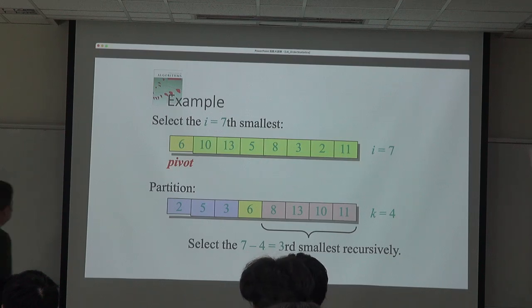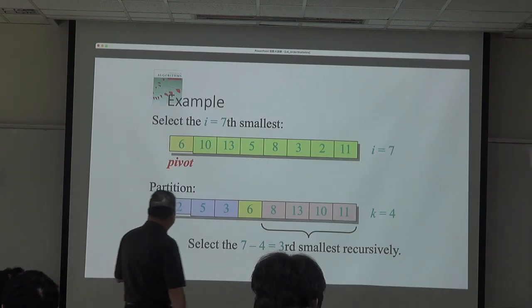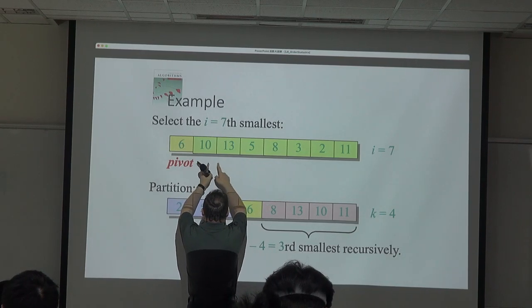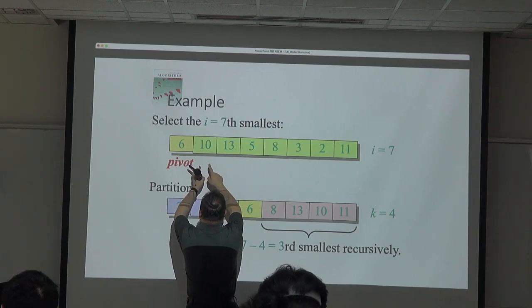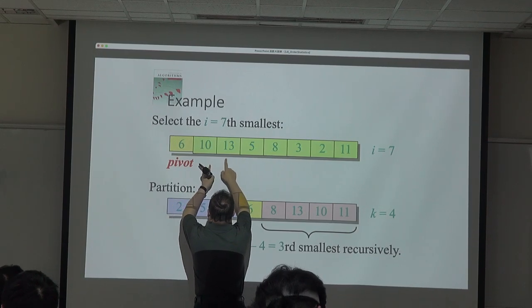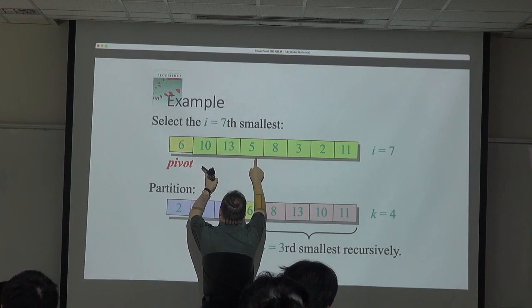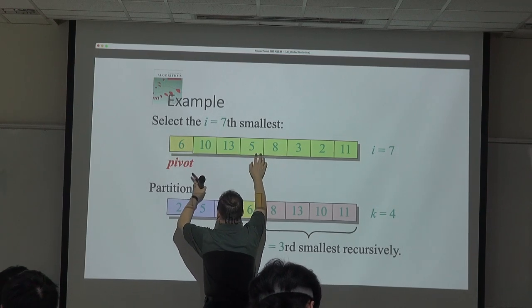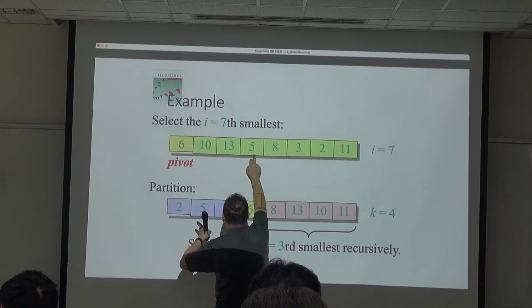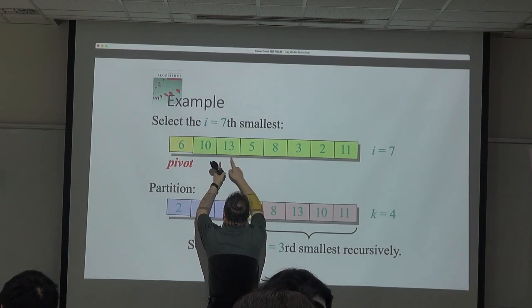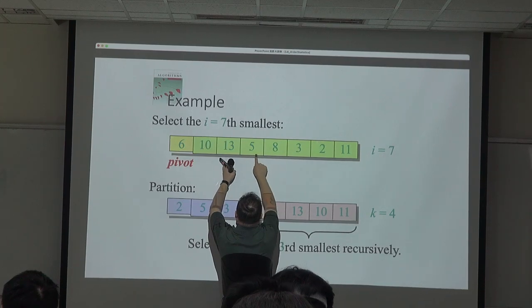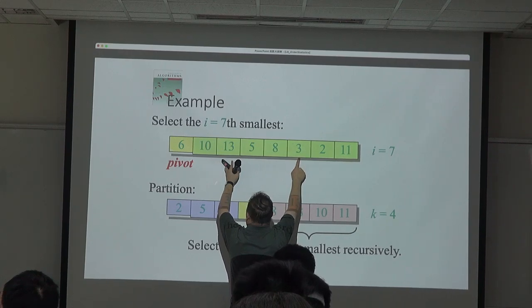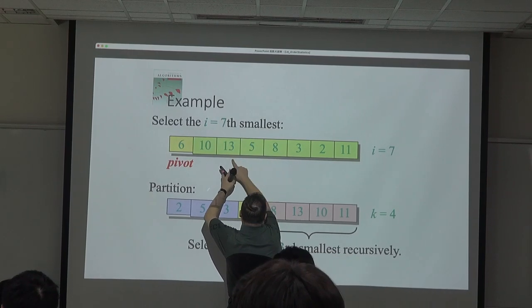If you still remember, you have two pointers. 10 is bigger than 6, you keep going, and the 13, and now it's 5, then you swap 10 with 5, so 5 stays here, and you have 13 and 10. Then keep going, 8 is greater than 6, keep going, 3 is not greater than 6, so you again swap 13 with 3.